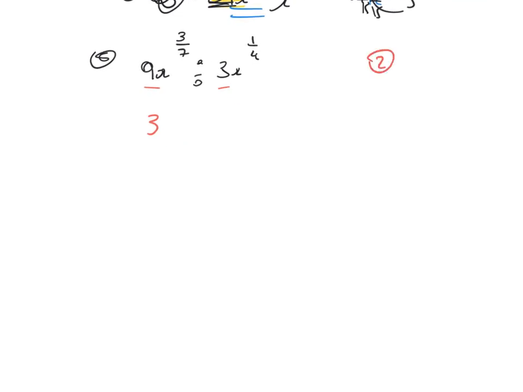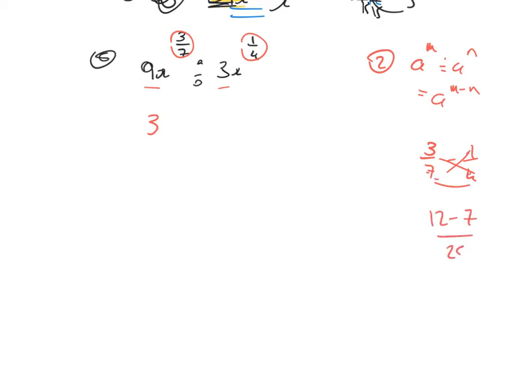Remember rule 2 is a to the power m divided by a to the power n is equal to a to the power m minus n, so we're going to subtract the powers. So 3/7 take away 1/4, kiss and smile. 3 4s are 12, minus 1 times 7 is 7, over 7 4s are 28, 12 take away 7 is 5, that's 5 28ths. So that's going to be 3x to the power 5/28.